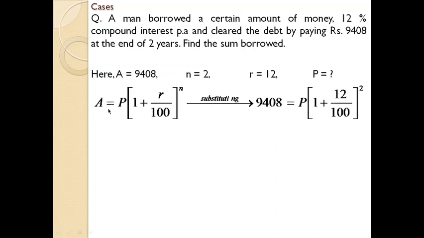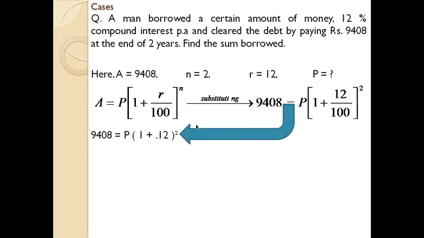By substituting in the equation A equal to P into 1 plus R by 100 raised to N, here A is 9408 equal to P into 1 plus R, which is 12, divided by 100 raised to N, which is 2. So you will get 9408 equal to P into 1 plus 0.12, since 12 divided by 100 is 0.12, raised to 2, which can be written as P into 1.12 raised to 2.